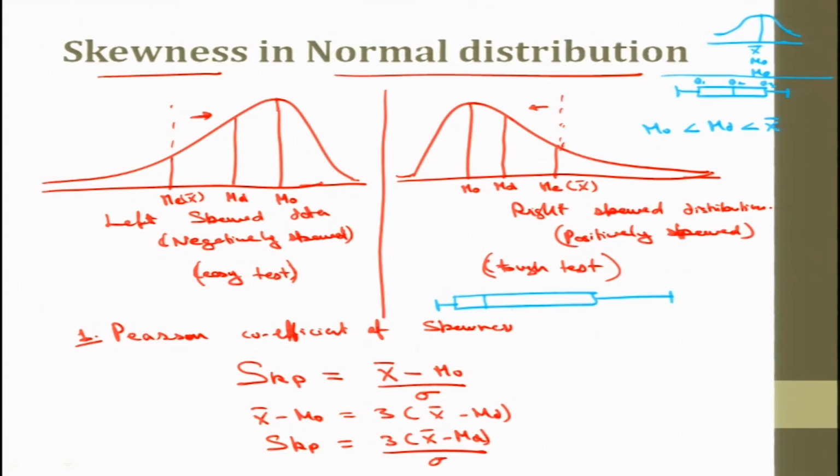So, that means it is positively skewed and most of the data is on this side, and this is my median, this is my Q1 and this is my Q3, and in this case it is the other way around. In this case, this is my Q1, this is my median and this is my Q3.